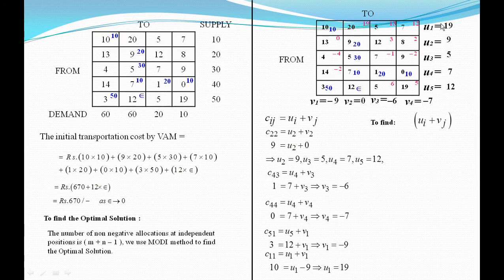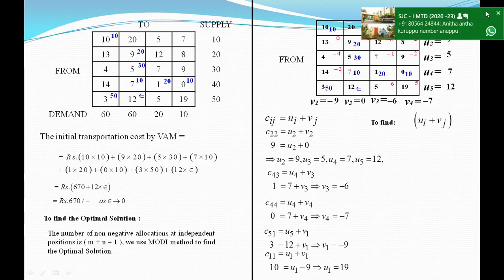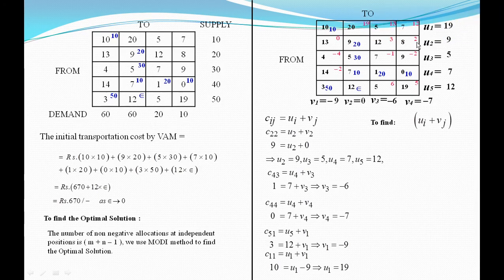So 0 plus 19, I'm writing it as 19. Minus 6 plus 19, I'm getting 13. Minus 7 plus 19, I'm getting 12. Like that, every place. Minus 7 plus 9, you get 2.